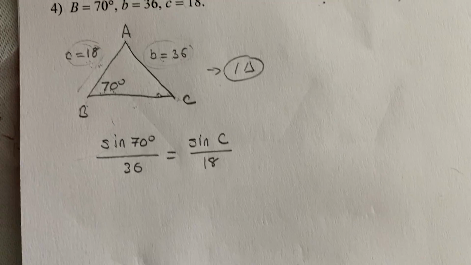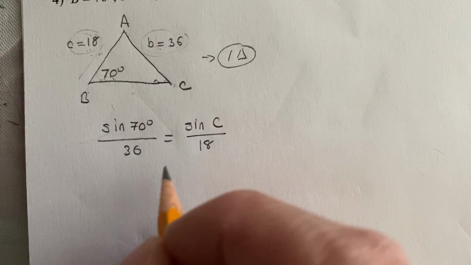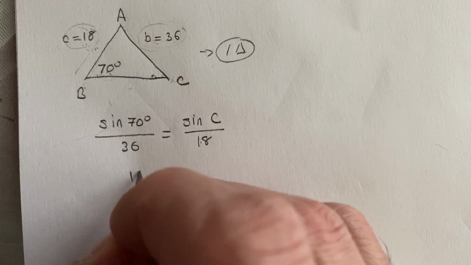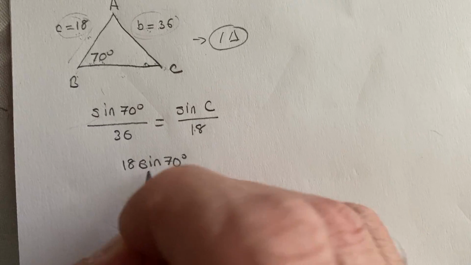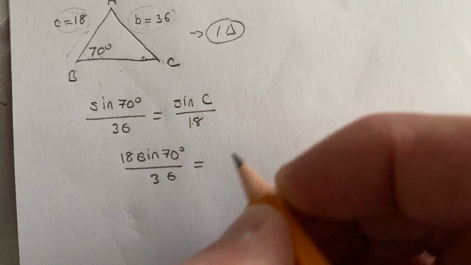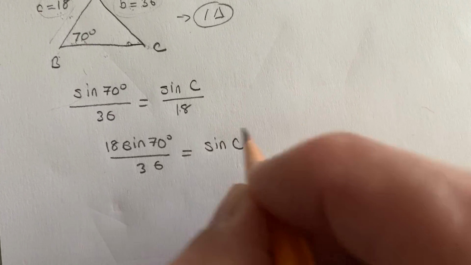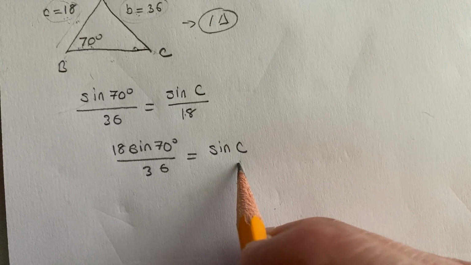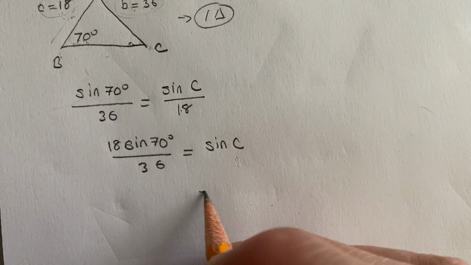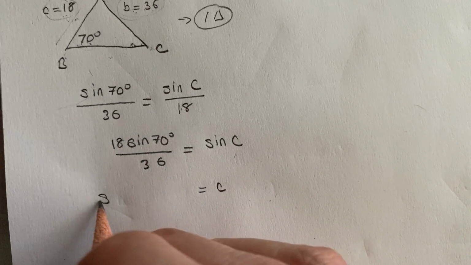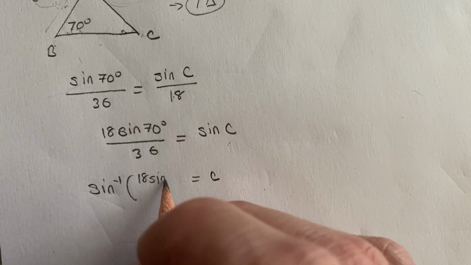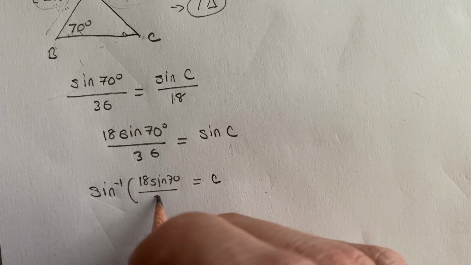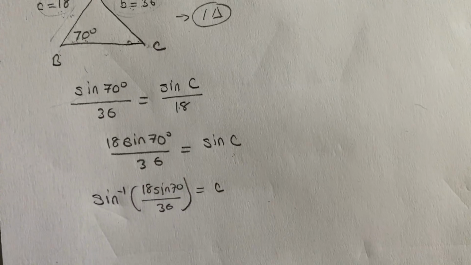Then you cross multiply and solve for angle C. Cross multiplying, this would be 18 sine 70 over 36. To get angle C by itself, you take the sine inverse. So C is equal to the sine inverse of 18 sine 70 over 36.